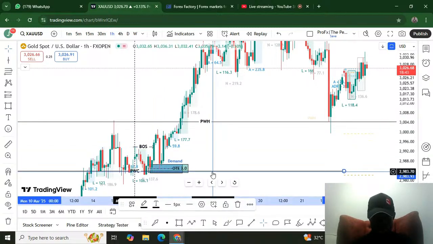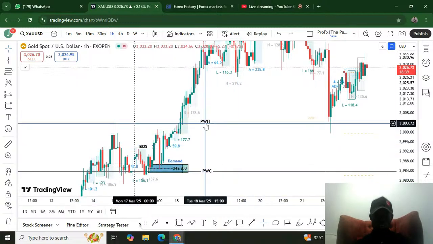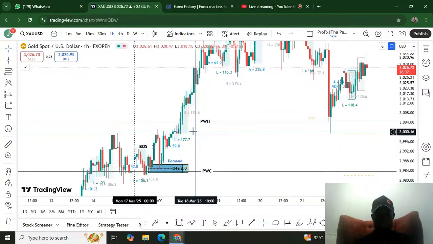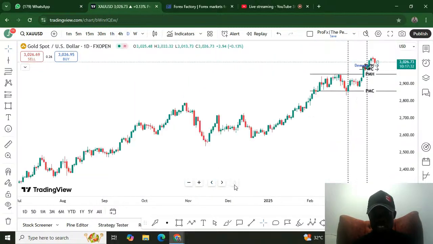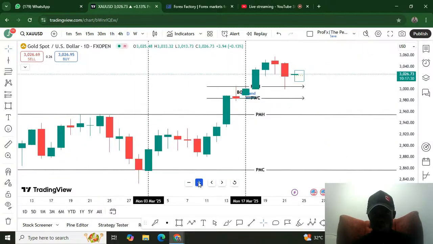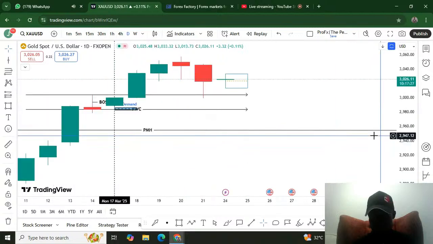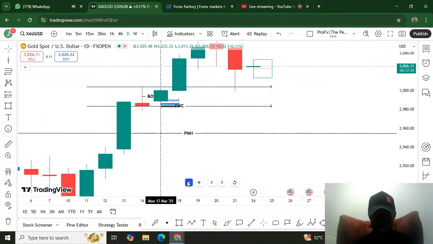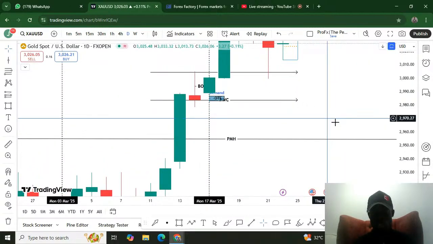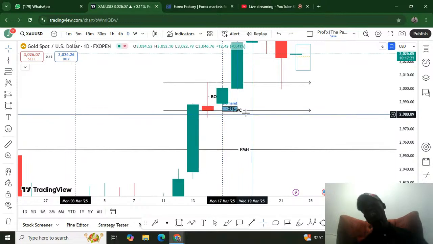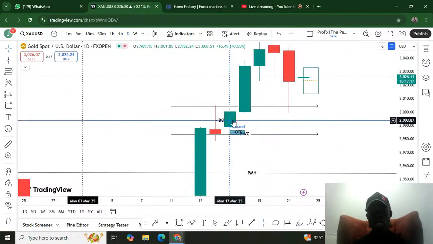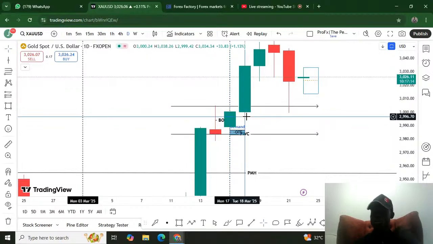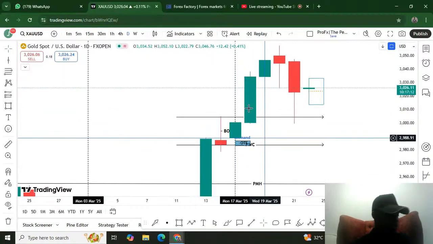Once you have marked your previous week high and close for the start of the week, you can now go to your daily chart every single day to know what is happening. Once you have marked your previous week's high and close, you already have the first day of the week. Other days of the week, you'll be doing previous day high and close, previous day low and close.